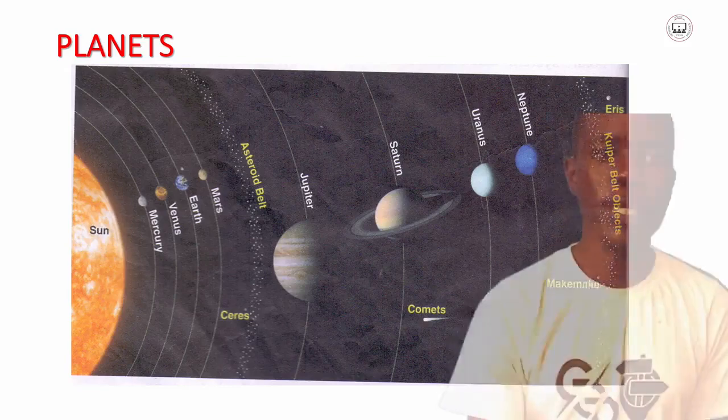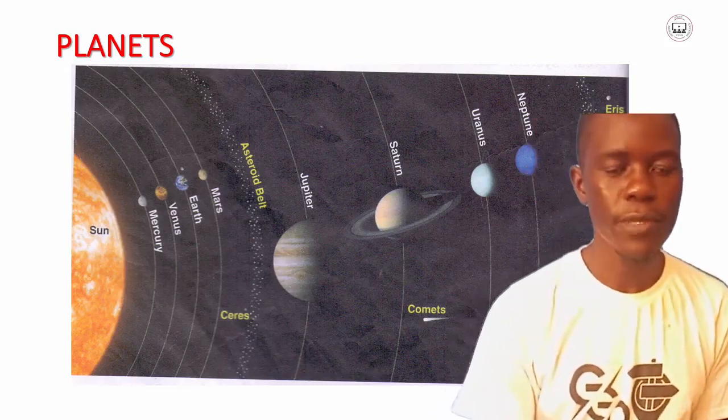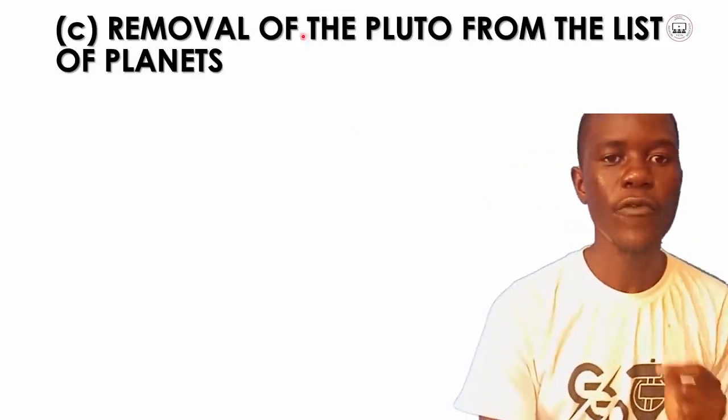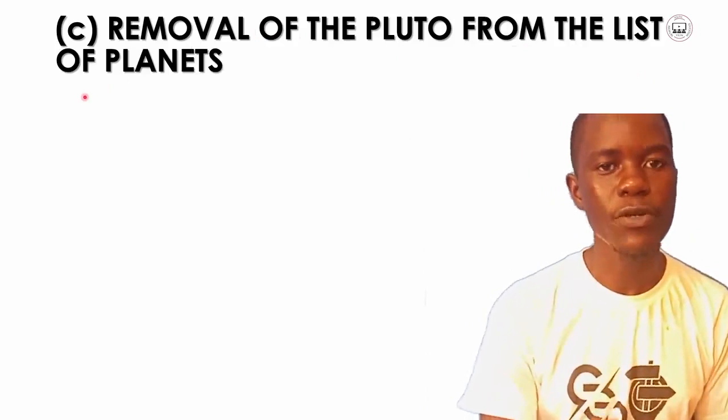The last development in the solar system is the removal of Pluto from the list of planets.